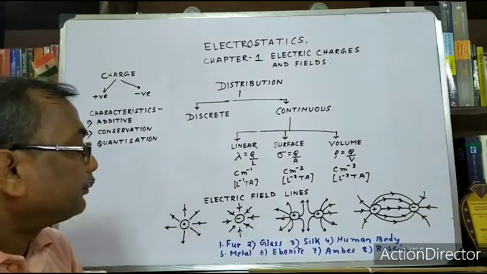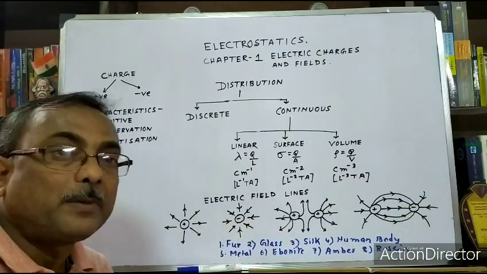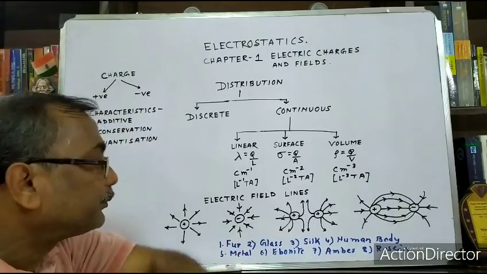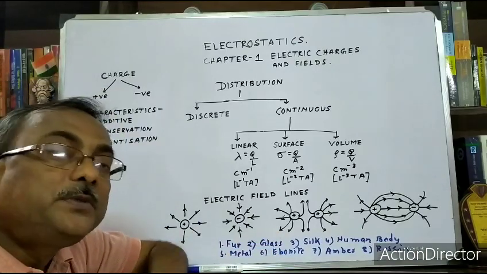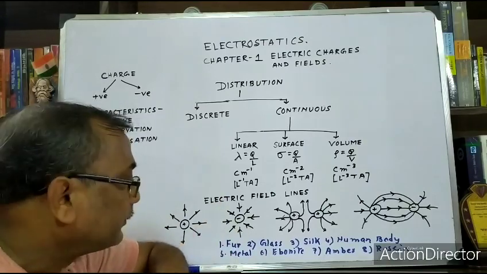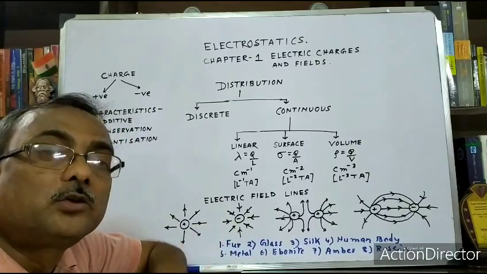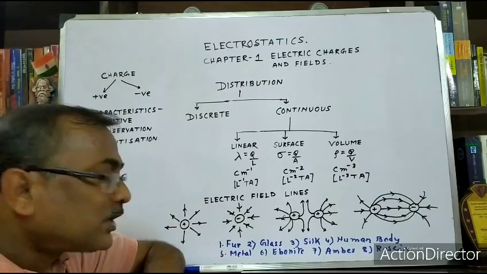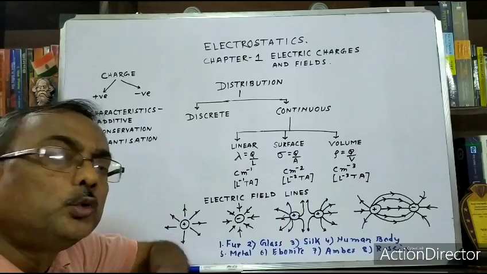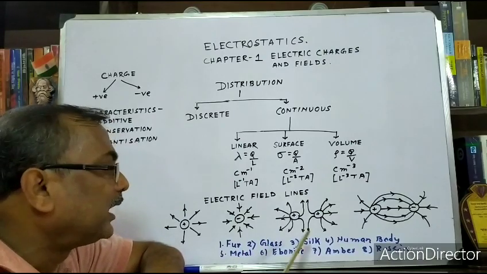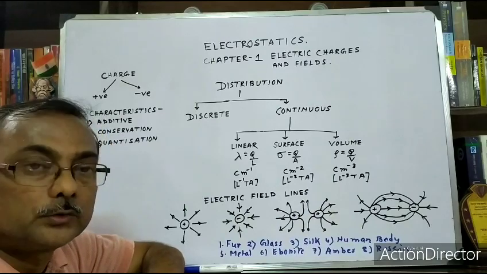According to the series, as I have just explained, if you select any 2 objects from this series, the object that comes first in the series, when rubbed with another object, will lose electrons and become a positively charged body. Suppose from this series I give you 2 objects, glass and silk cloth.